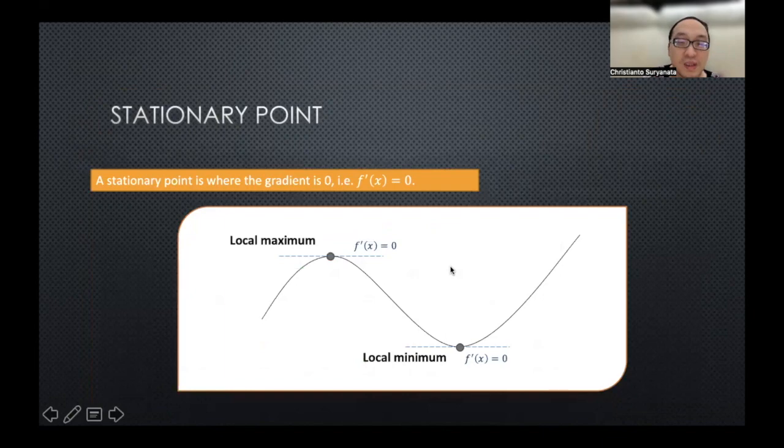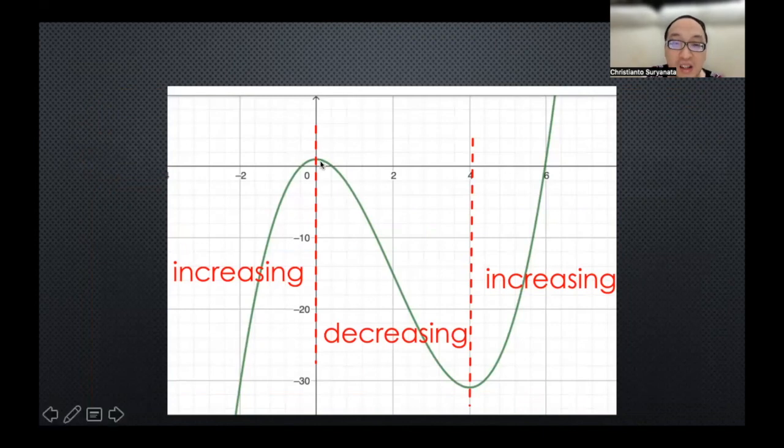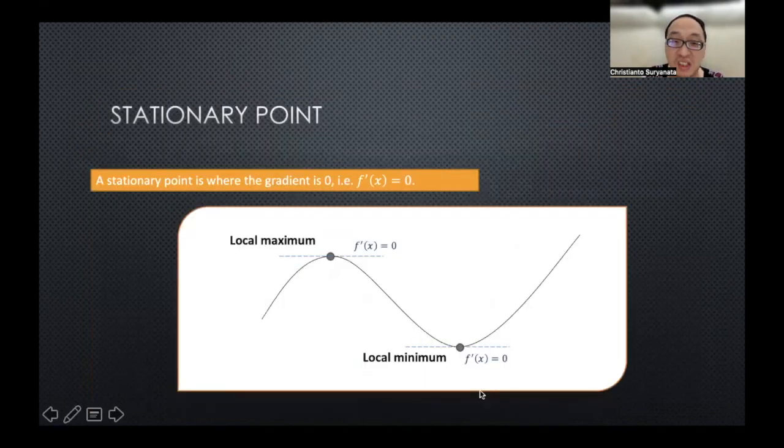Now, what are these points? If the increasing function is when the first derivative, the gradient, is positive, then at these points we see that the tangent to this point is a horizontal line, which means the gradient is 0.